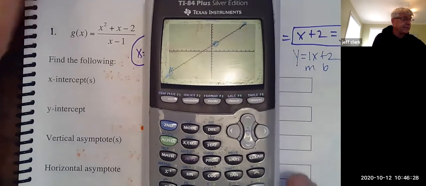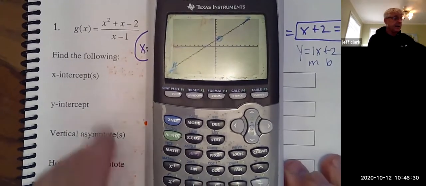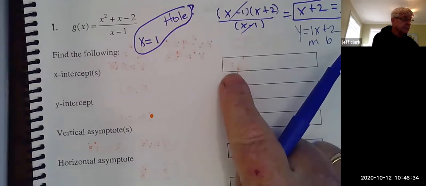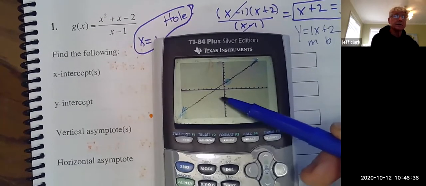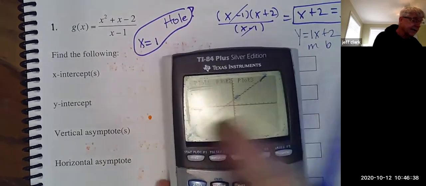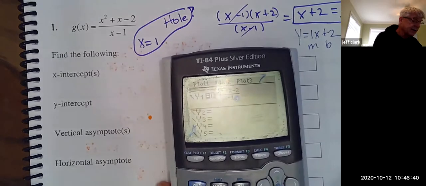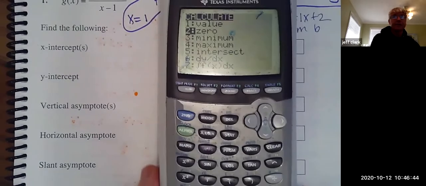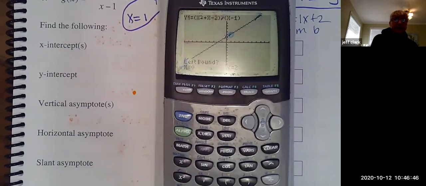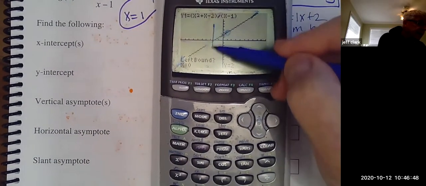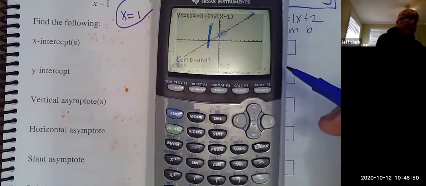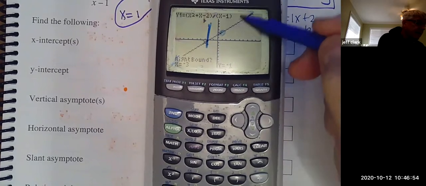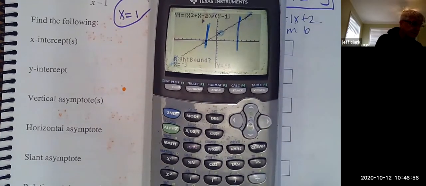So back to the graph. Is there an X-intercept? There is. If I go second calc, zero is the X-intercepts. Then left bound, let's make it over here, which looks like about -3, and right bound over here, maybe 5.